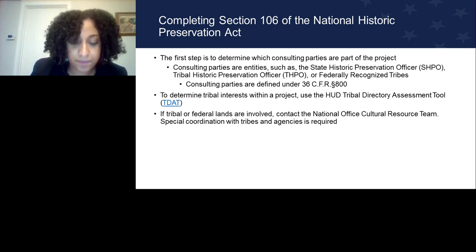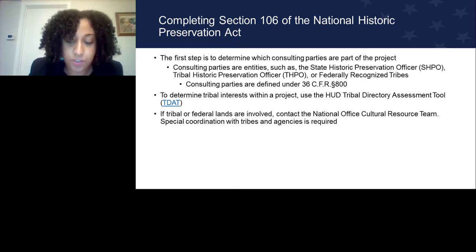The first step to starting the Section 106 process is to determine which consulting parties are part of the project. These are the entities you'll be reaching out to. These usually include the State Historic Preservation Office, also known as the SHPO, the Tribal Historic Preservation Officer, also known as the THPO, and federally recognized tribes.